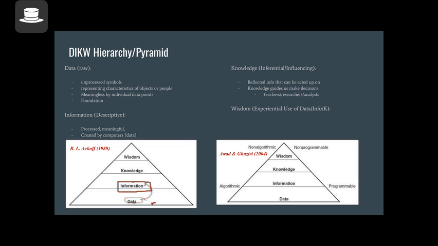Then comes the knowledge level. At this level, we use the data. After summarizing the data, we make sense of it by creating some new information that is not directly stated either in the data or in the information stages.